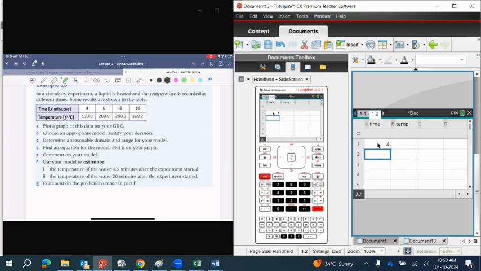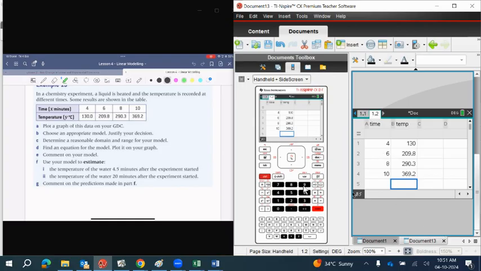We've got 4, 6, 8, 10. And then for the information, we've got 130, 209.8, 290.3, 369.2.